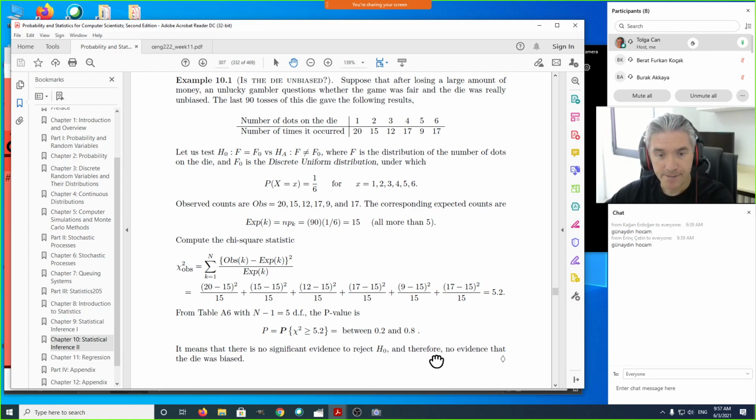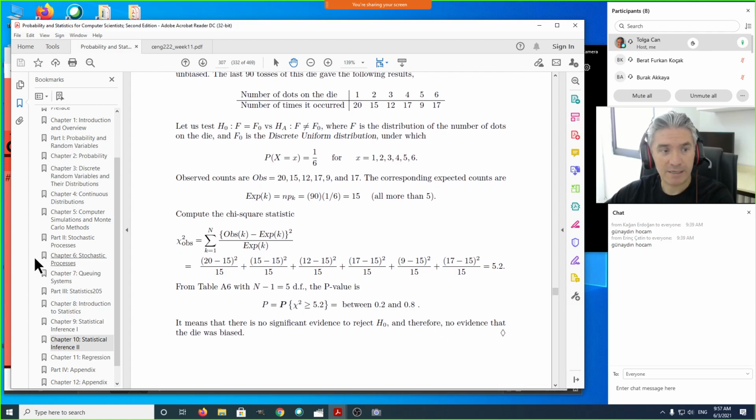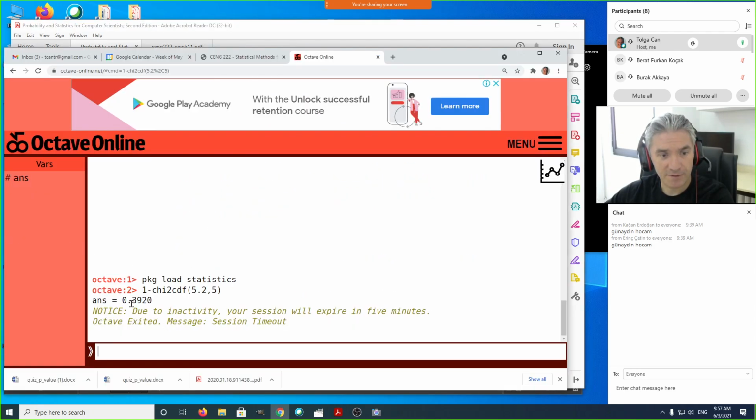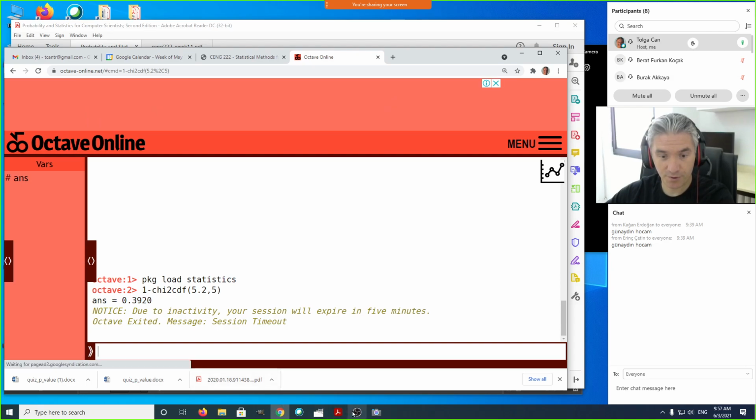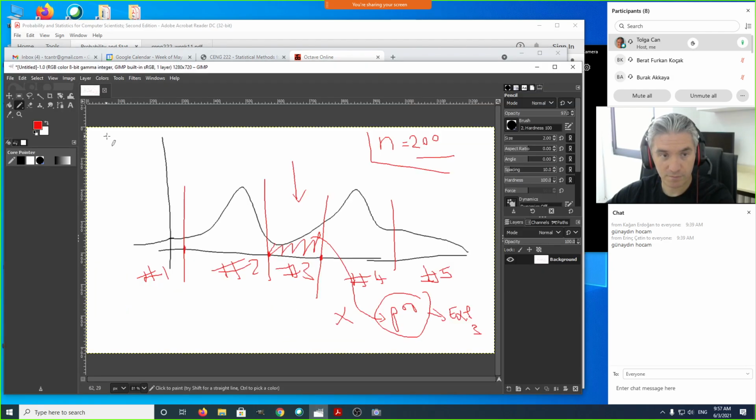Okay. Or we can also say that, if your significance level alpha was 0.4, then we would say that this die is not fair, because the rejection region would be that.